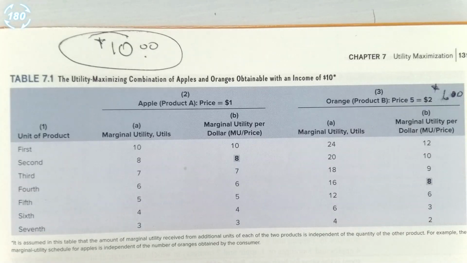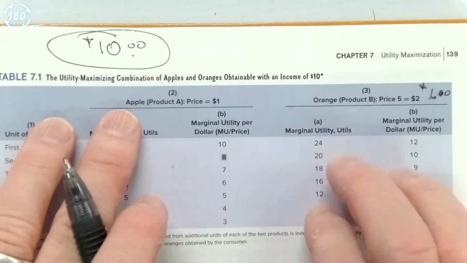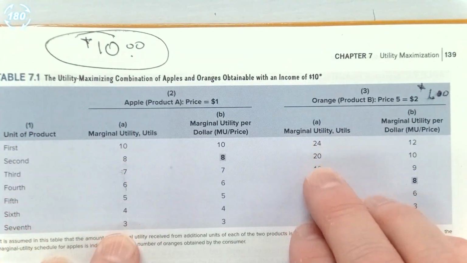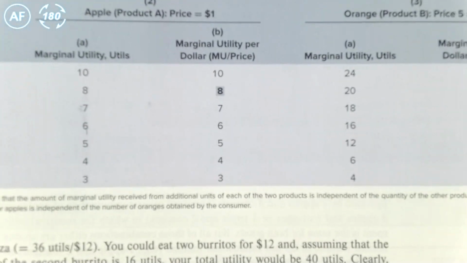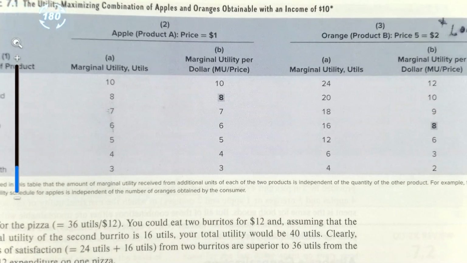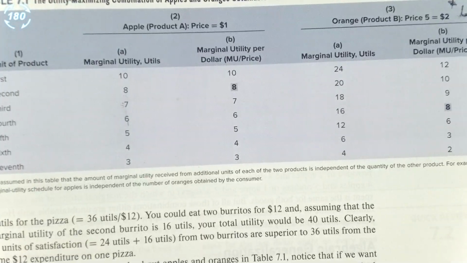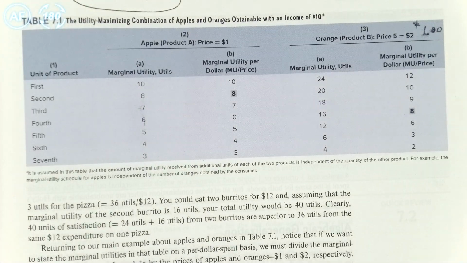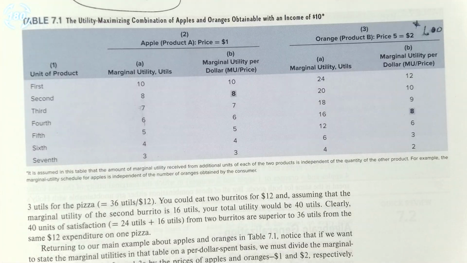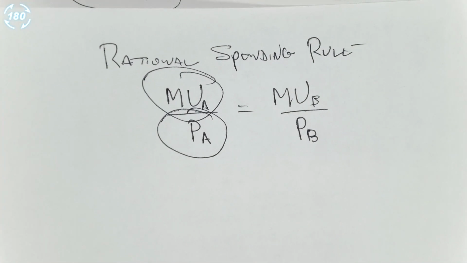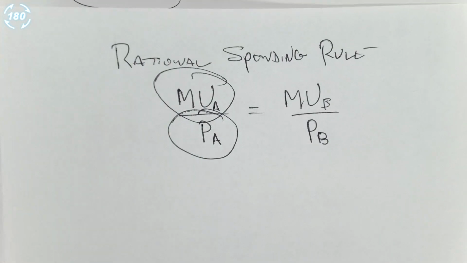Now here's what's going on: you have apples and oranges, and we have a column for the marginal utility derived from each one of these. We've looked at this before. The point in doing this is you're going to have some problems on this test out of Chapter 7. This is kind of a major focus. As a rational consumer, you will want to spend that $14 in a way where the last dollar you spend satisfies this rule.